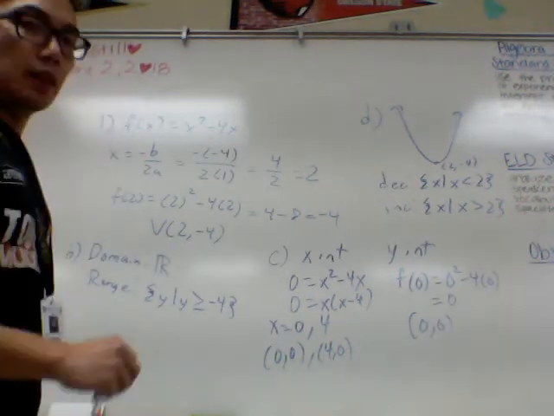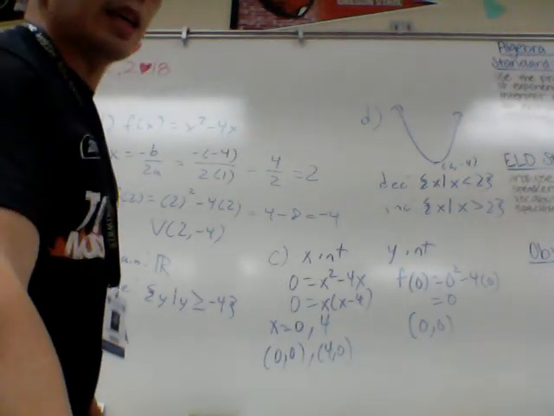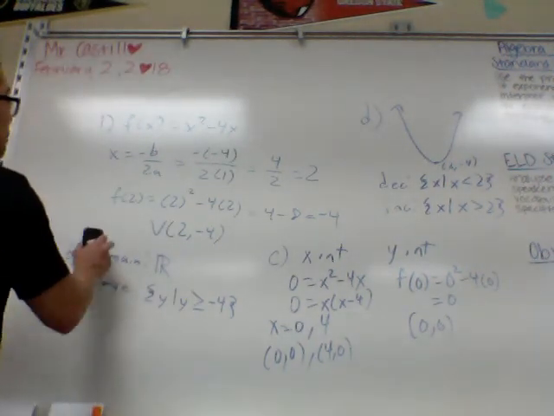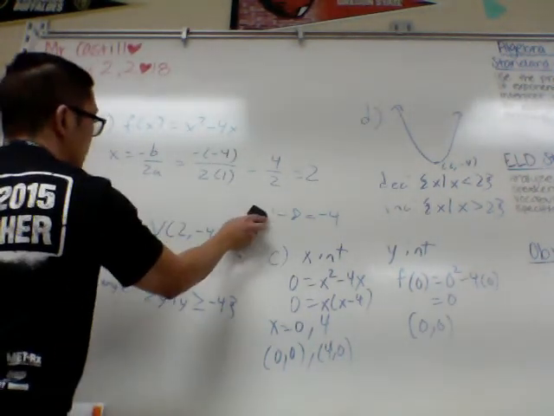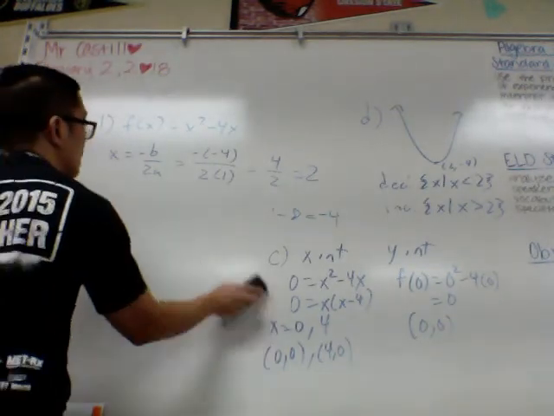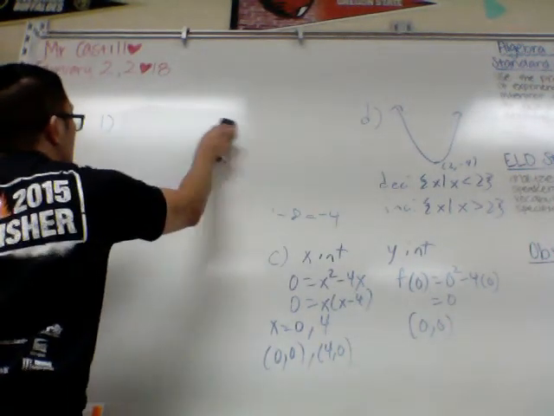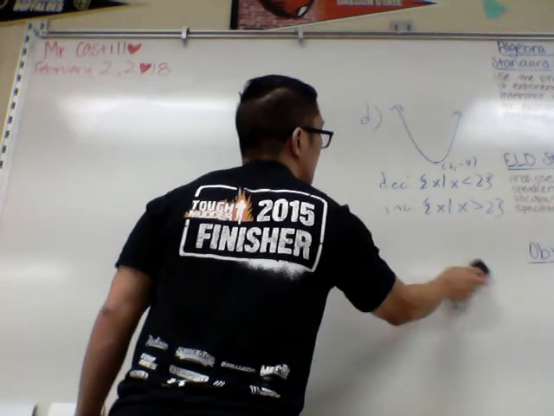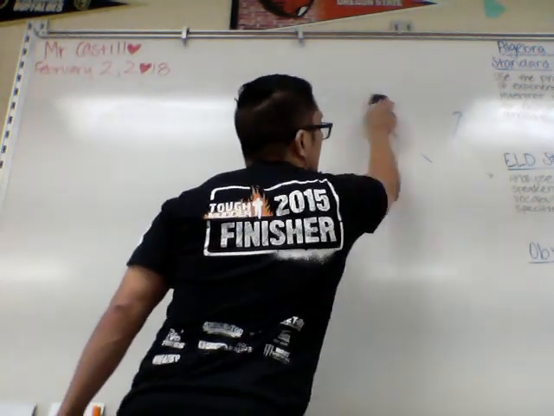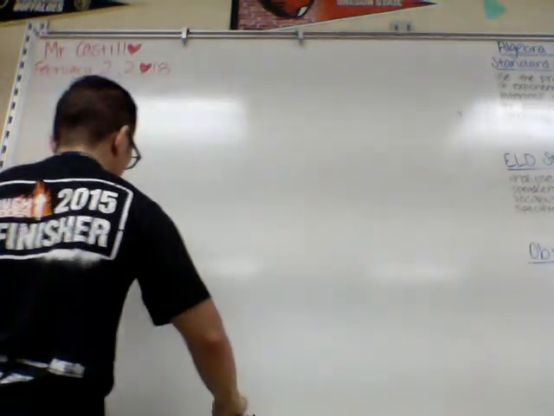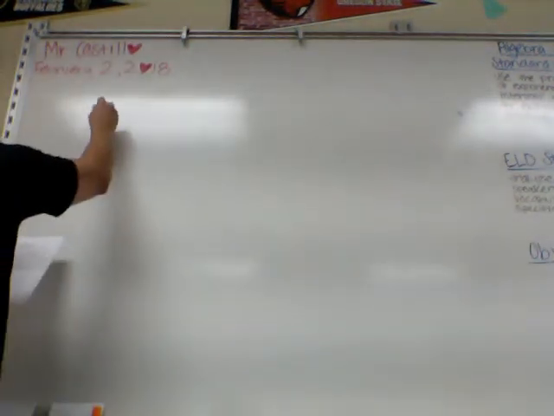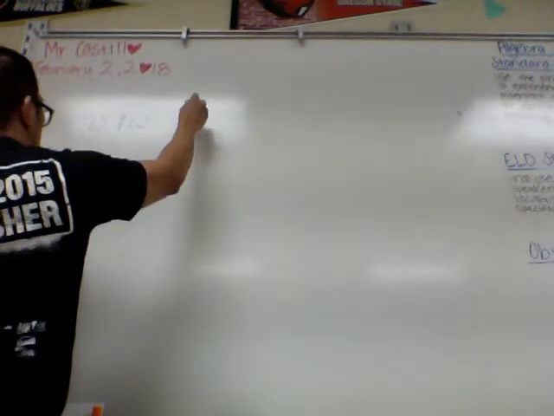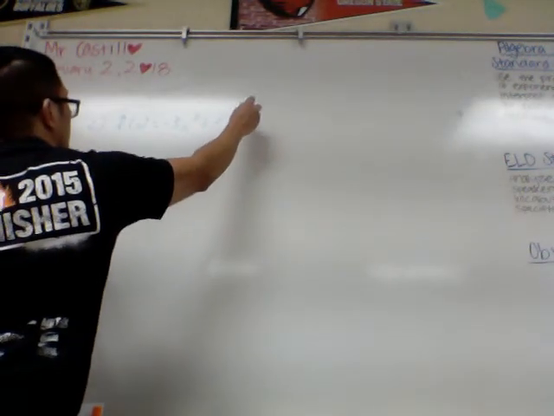Number two is done the same exact way, except there are a couple things different. First one, it being a negative parabola. So the second one is f of x is equal to negative 3x squared plus 3x minus 2.